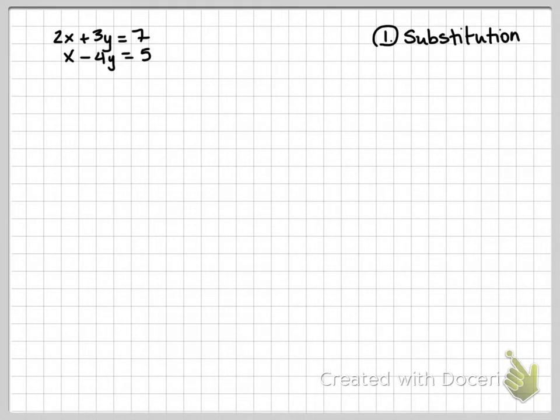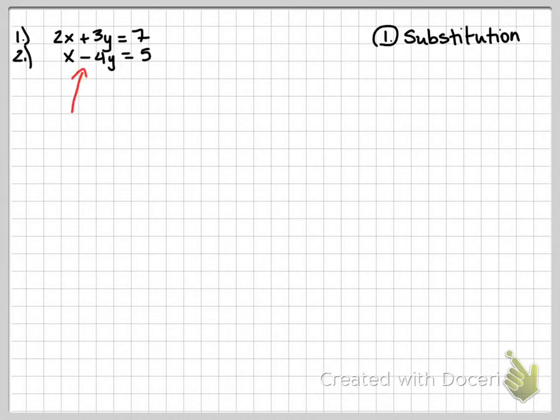Substitution says, why don't we look at these equations, get one of the variables by itself, and then plug it into the second equation. Everybody's scratching their heads right now. Okay, we have equation 1 here, we have equation 2. Look at equation 2.